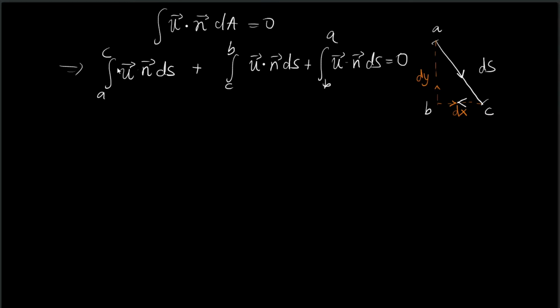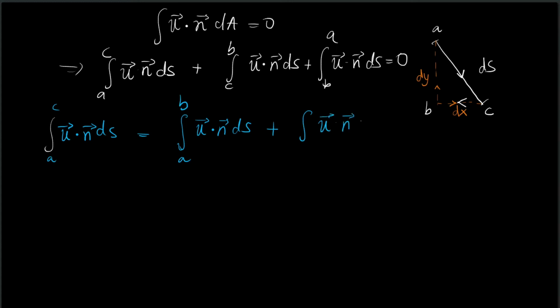If I rearrange this, the integral from A to C of u dot n ds is equal to, let's just reverse the limits, the integral of u dot n ds going from A to B plus the integral of u dot n ds going from B to C.